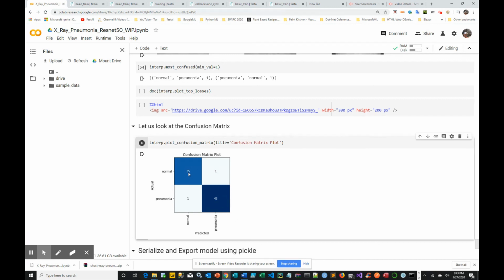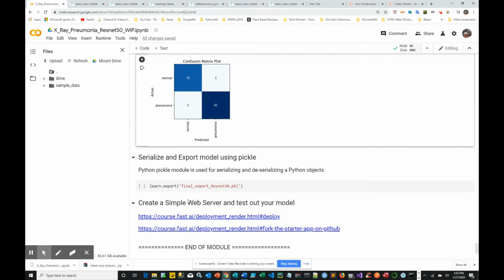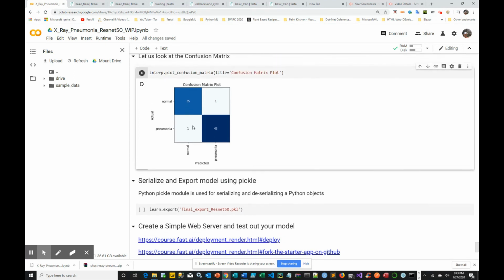So for example, the actual was 35 that was normal. That was predicted as normal. There's only 2 of them that were not working right. This is not where you want to be, because this is where you predicted normal, but you actually had pneumonia. So that's not a good sign. But there's only 2 images that I had problems with out of all these 80 images that it was validating against.